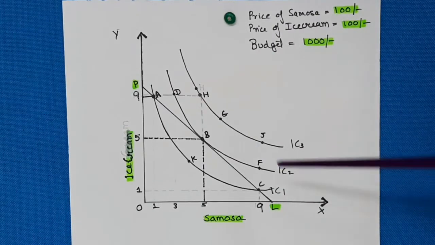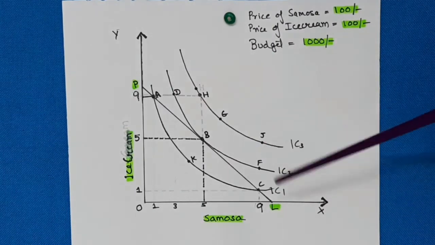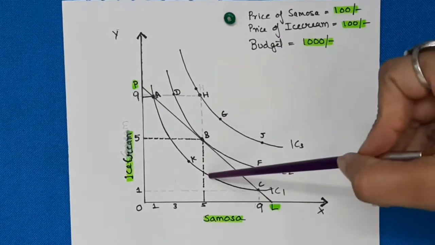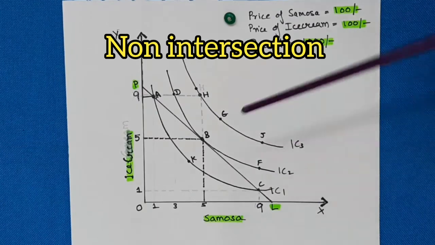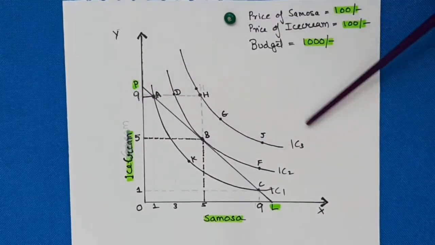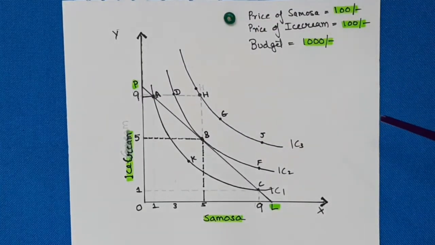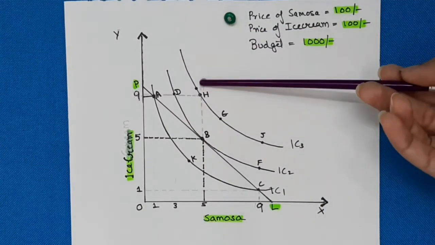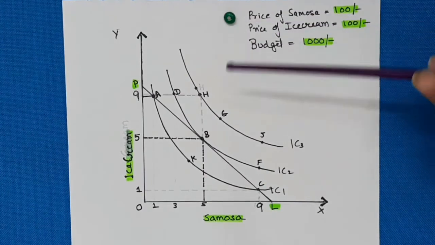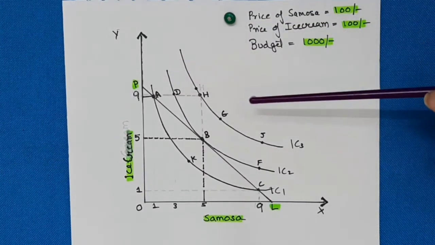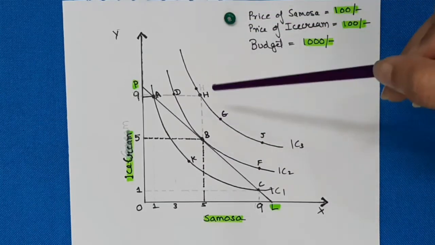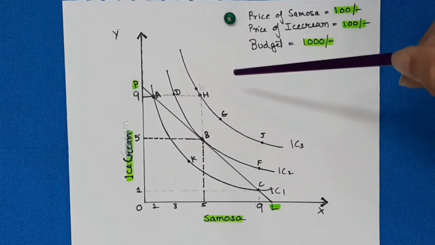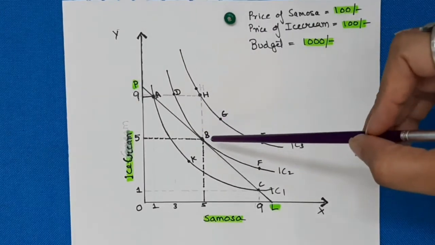Now, the third characteristic of these indifference curves is that they don't intersect with each other. You can see that these are parallel. Why don't they intersect? It has a very simple logic. Let's say these two indifference curves intersect. First of all, we are saying that the higher the indifference curve, the higher the level of satisfaction. But if the two curves intersect, there is a point where the combination of goods is the same, and these two curves would give you the same level of satisfaction, which becomes completely illogical.